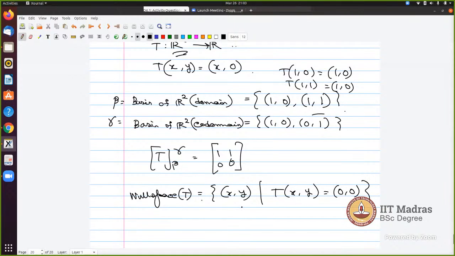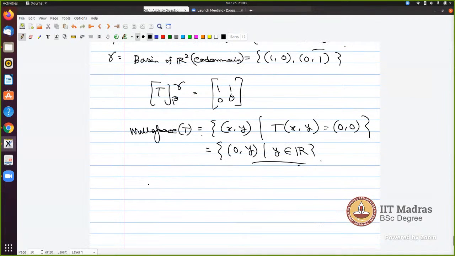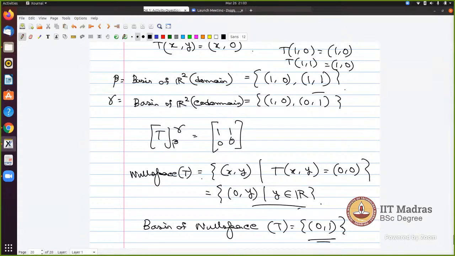So it is 0, Y. What is the basis of this null space? 0, 1. This is the basis of this null space, right? Yes, this is the basis given here for R2.